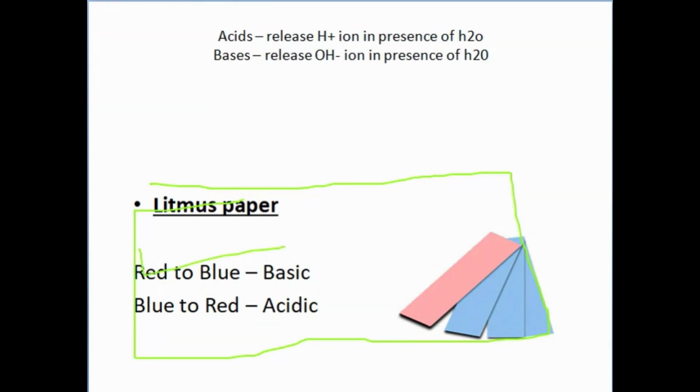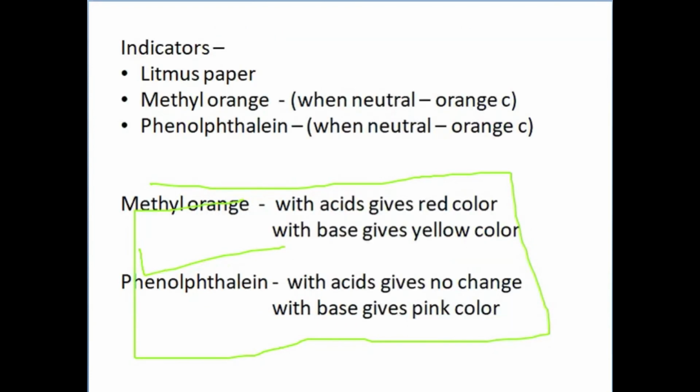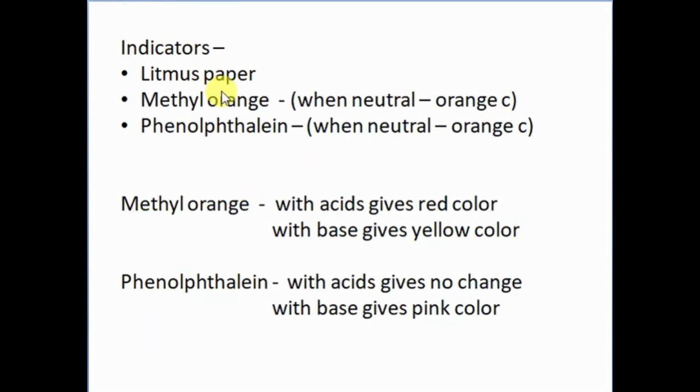Now we'll study a few more indicators which were left. The other indicators we'll study are methyl orange and the phenolphthalein indicator. So litmus paper was the first indicator, and now we have methyl orange and phenolphthalein.